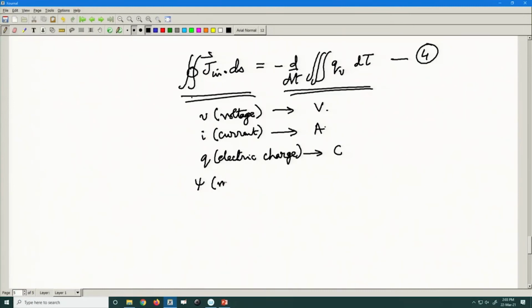Psi, the magnetic flux measured in Webers.